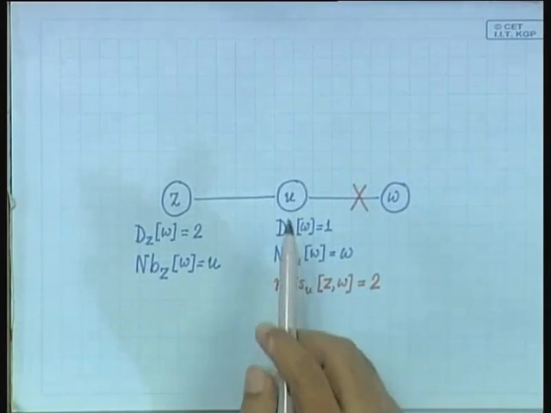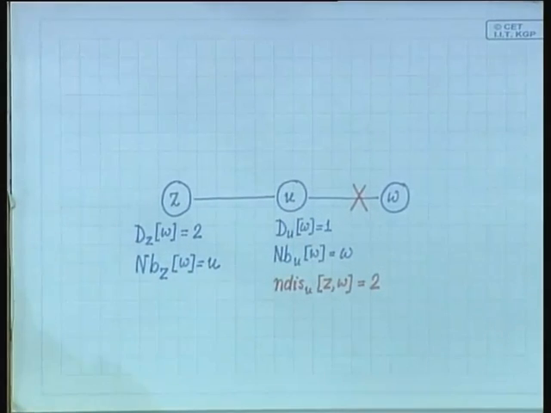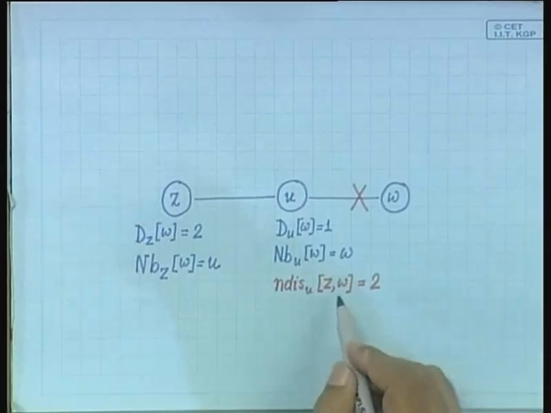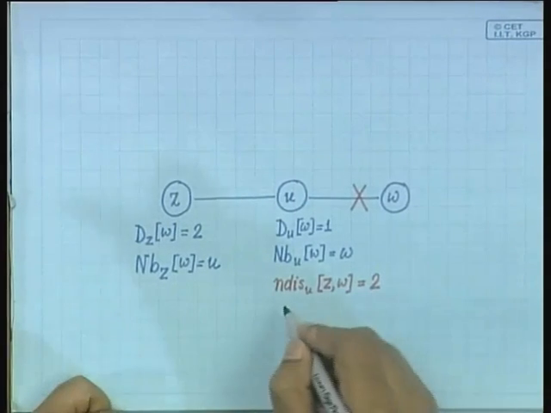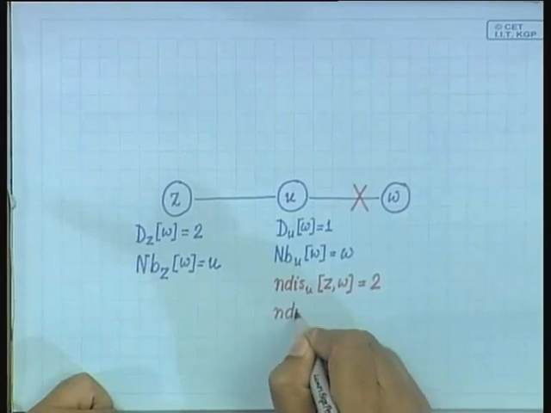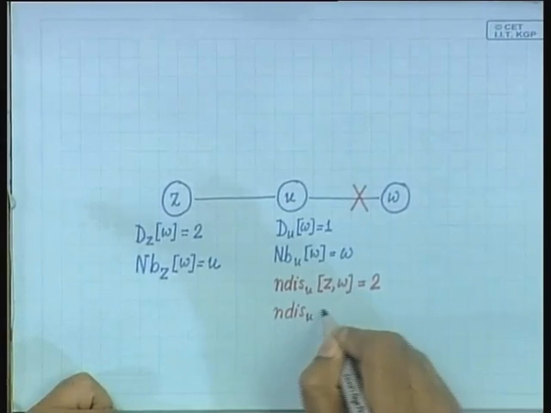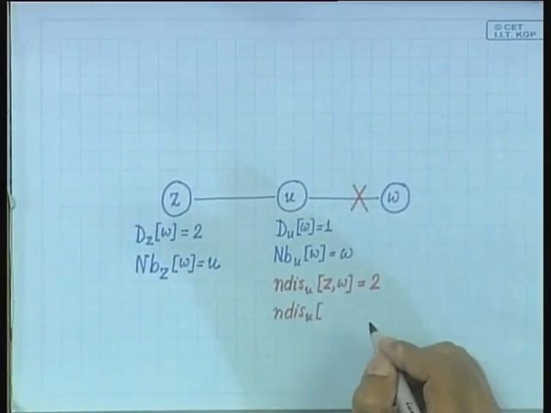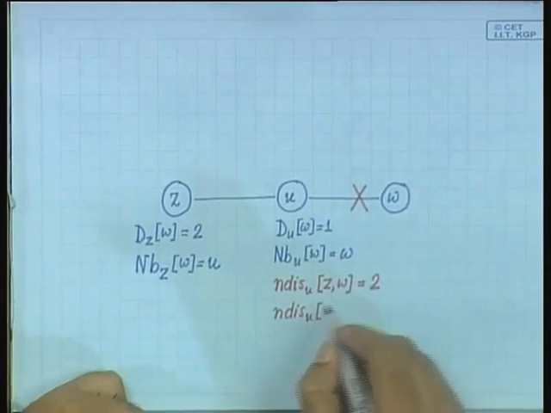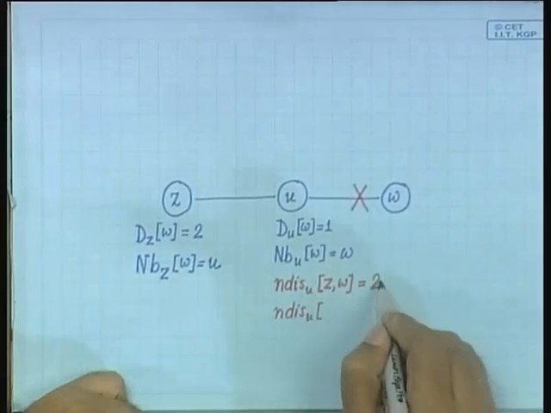What is recompute W going to do at U? It is going to look at the minimum of this NDIS plus 1. It is going to look at only the neighbors, right.